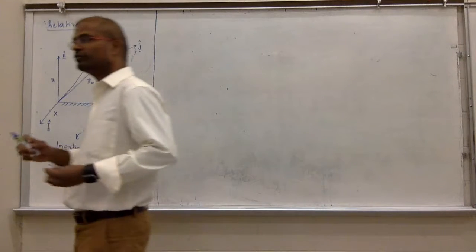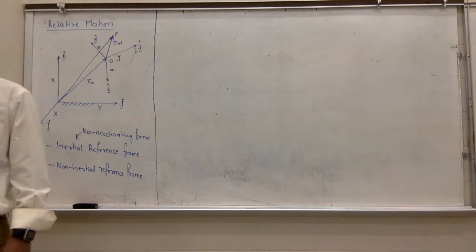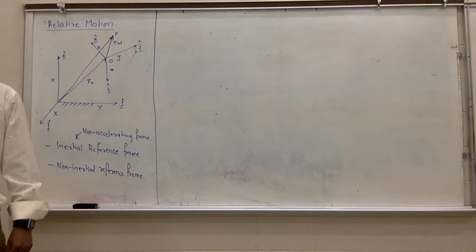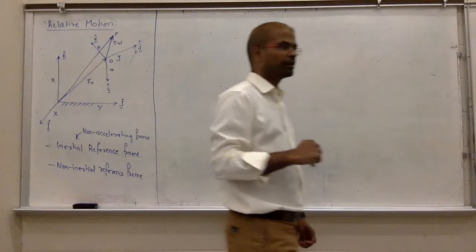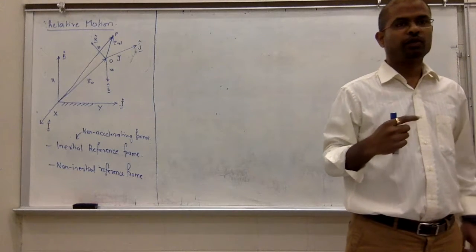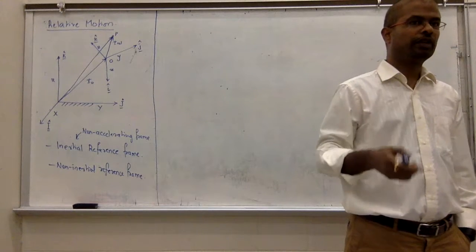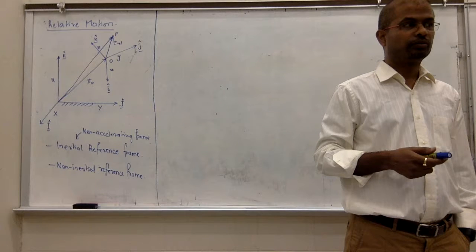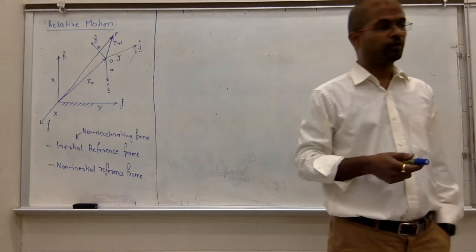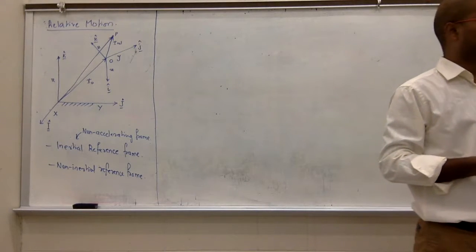It changes direction. So everything in the universe is actually accelerating. If it was not accelerating, it would have spiraled in. There are two components of acceleration. One is acceleration due to gravity.